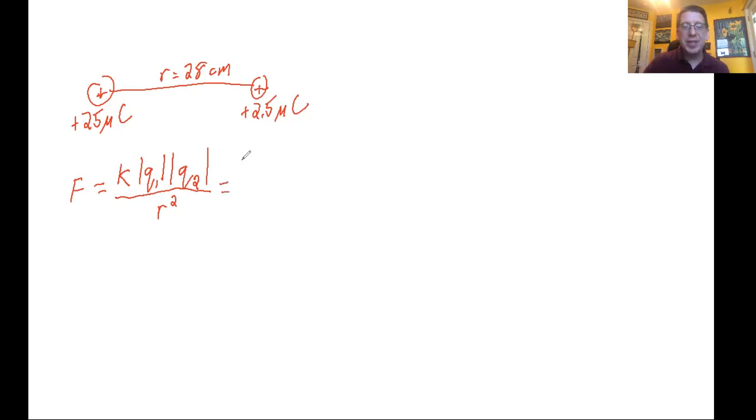Since we're only working to two significant figures, we can write k simply as 9.0. The easiest way to think of the Coulomb constant is 9 times 10 to the 9, so 9.0 times 10 to the 9 newton meters squared per coulomb squared.